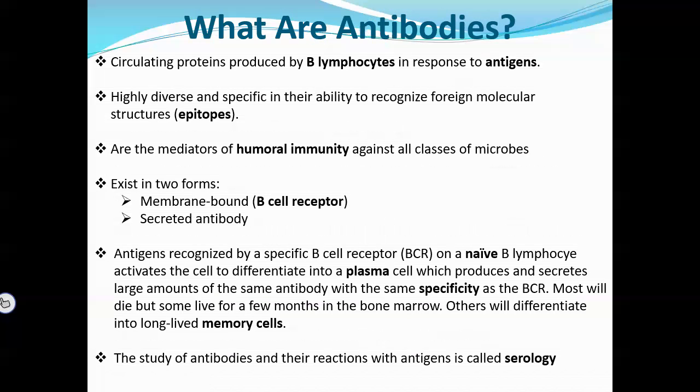So first of all, what are the antibodies? As you should all know, they are made by B lymphocytes. There are two types of antibodies. One is an antibody receptor, which is essentially just an antibody molecule that is anchored into a B cell membrane. And that is the sensor or the activator which drives the B cell to make and then secrete that particular type of antibody, right?